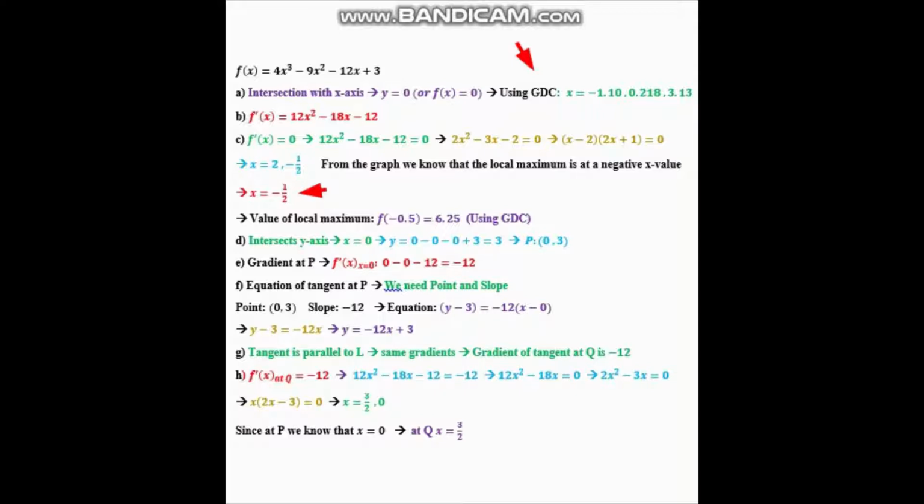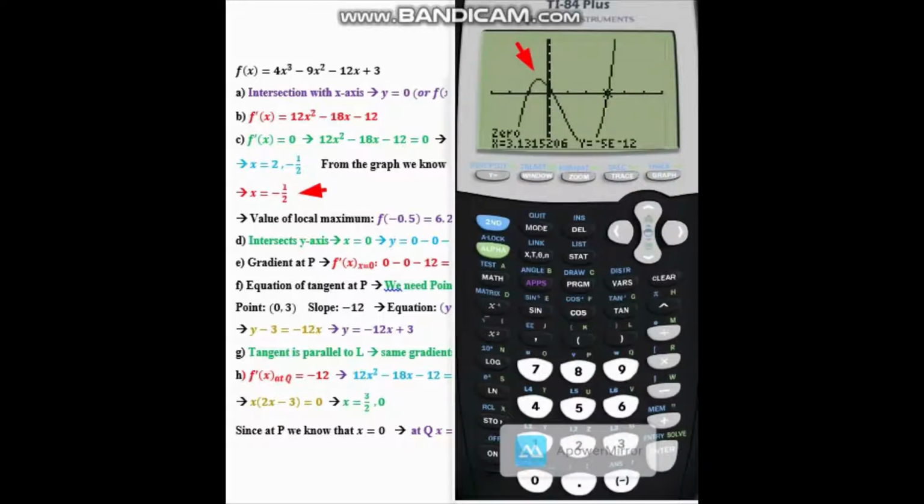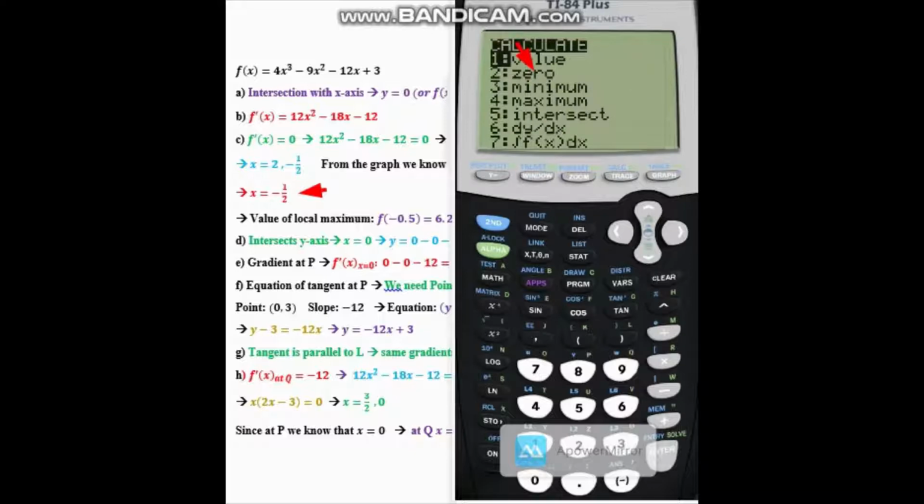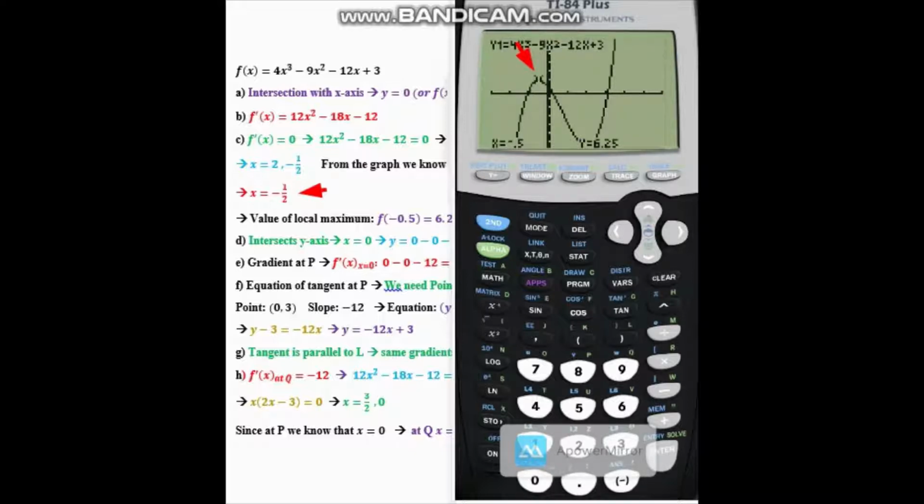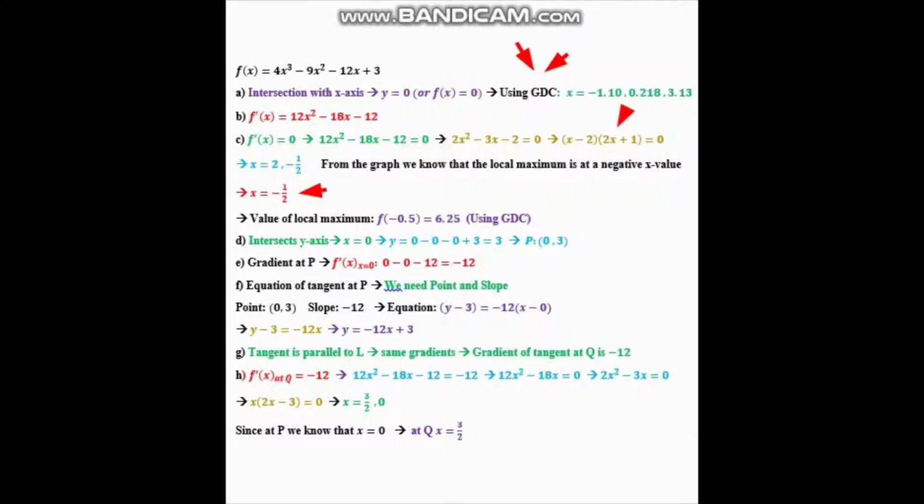So I can use the GDC to get that simply by second trace value and insert negative half, and the y value is 6.25. So this is the maximum value of the function, and there is your answer.